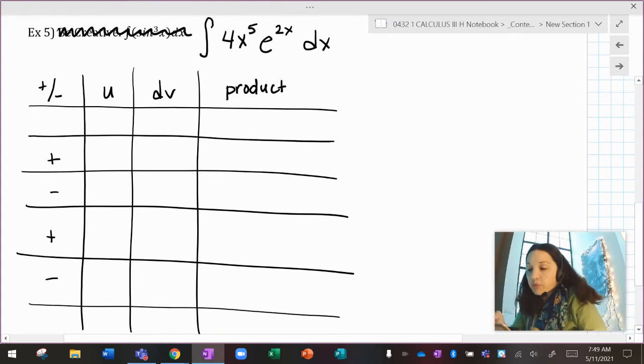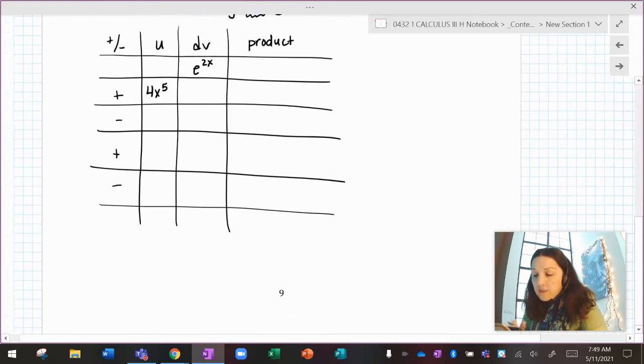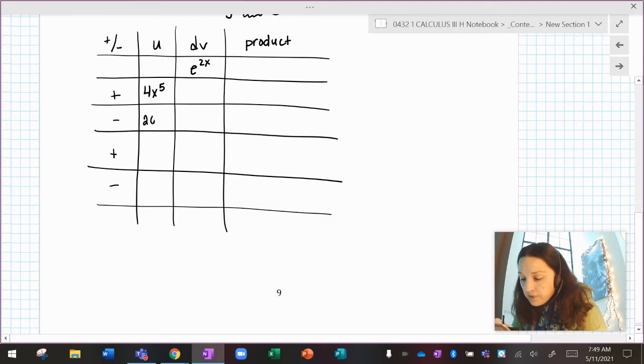Well, I have an algebraic. 4x to the fifth is going to be u. Again, skip a row. And then dv goes above it. So that's going to be e to the 2x. All right, now I'm going to take derivatives in the u column. 4x to the fifth, 20x to the fourth, 80x to the third, 240x squared. Okay, I got to keep going here.